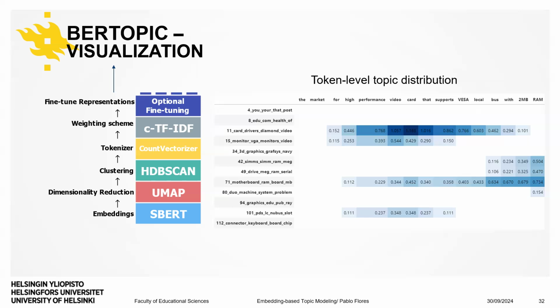In this case, we have a big contribution of these words to this group: cards, driver, diamond, video, some kind of hardware group, but also the motherboard, RAM, board, and in the PDA group, I don't know what the slot, PDS, LC is, I'm guessing, or I need more information about that topic to make sense of it.